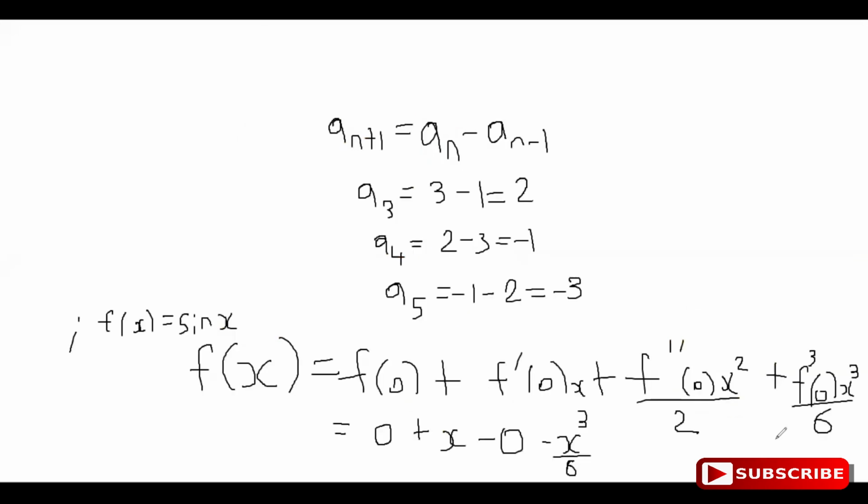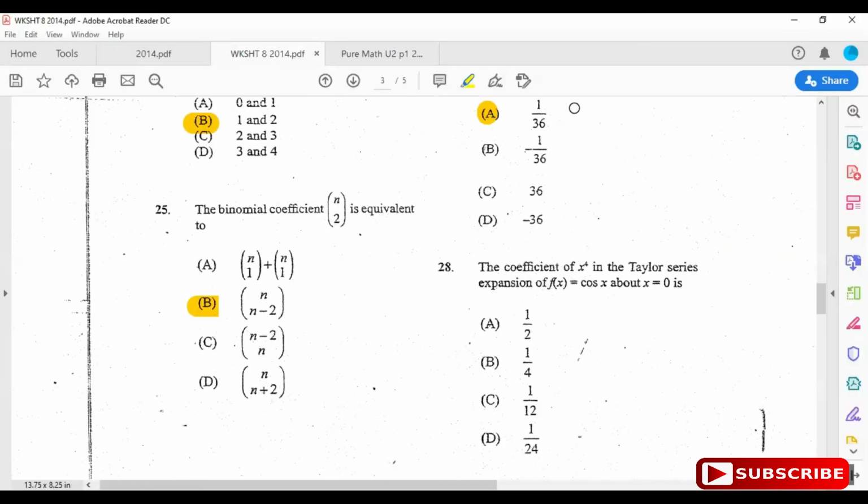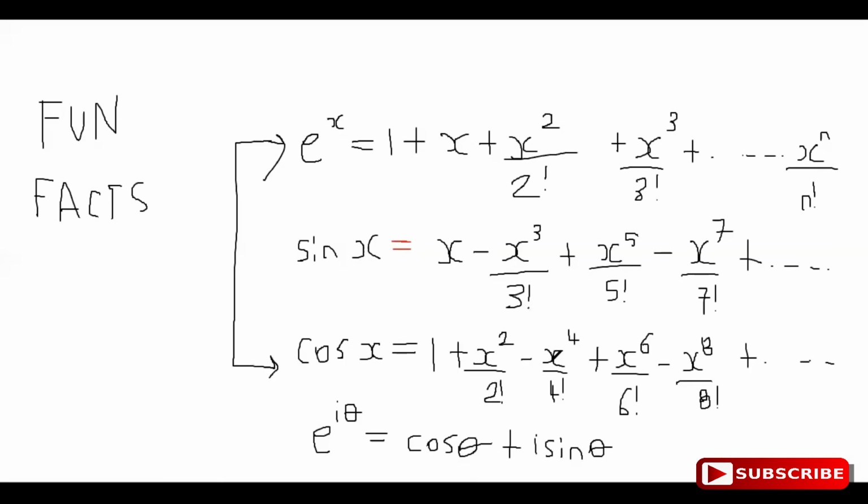Remember I said this is f of x. All right, and they want the coefficient of x to the 4 in cosine x. Now this is it. This is x to the 4 in cosine x. All right, and so the coefficient of x to the 4 is just 1 over 4 factorial.